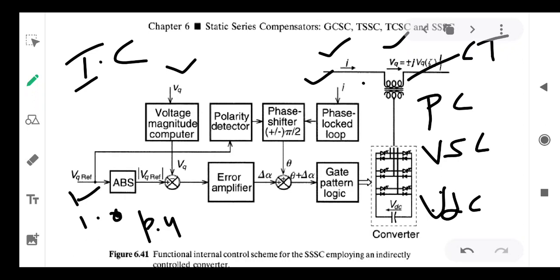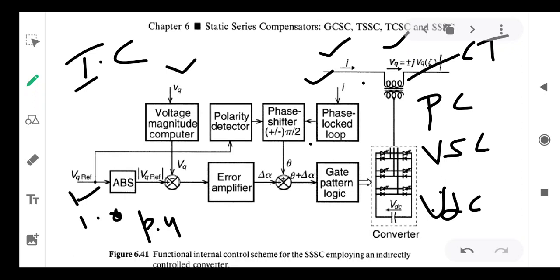From the phase locked loop, plus or minus pi by 2 is used according to system requirements, either it is leading or lagging. If it is a leading requirement, then current is leading the voltage by 90 degrees.